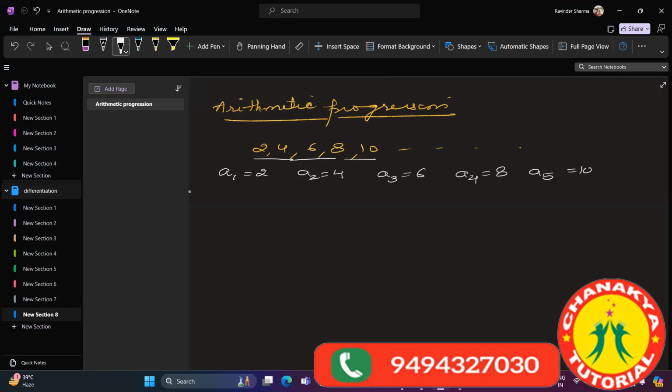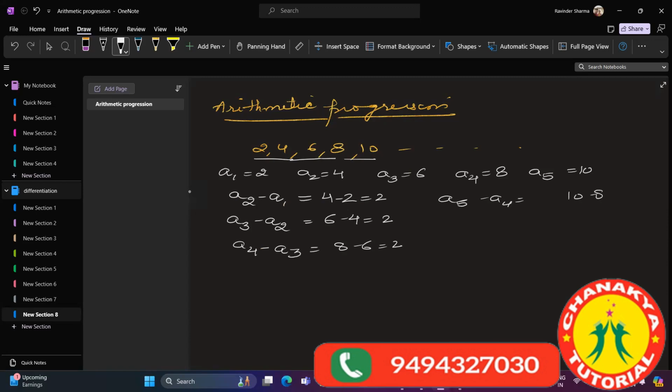Now, when you find the difference between the second and first term, it will be 4 minus 2. The difference between the third term and second term is 6 minus 4, which is 2. The difference between the third and fourth term is 8 minus 6, which is 2. And the difference between the fifth and fourth term will also be 2. So the difference between succeeding terms remains the same throughout the sequence.